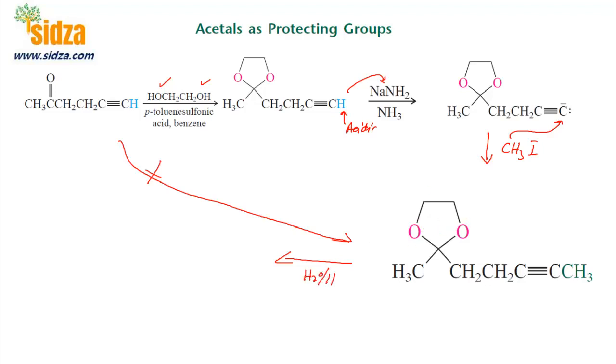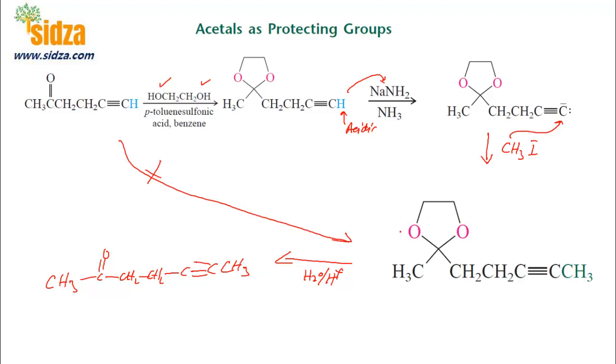If you do the hydrolysis now, you will break this molecule and you will get the diol back, and you will get the C double bond O over here. So if you do the hydrolysis, then what you will get is CH3 C double bond O, then CH2 carbon with triple bond, and then the CH3 here.